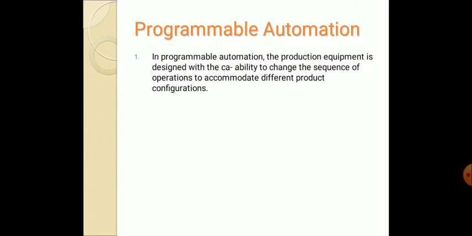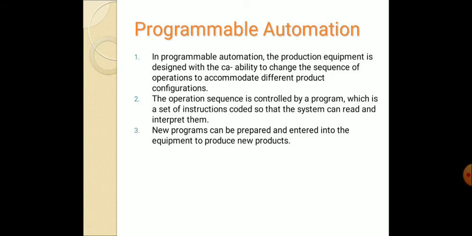So what is this programmable automation? In programmable automation, the production equipment is designed with the capability to change the sequence of operations to accommodate different production configurations. The operation sequence is controlled by a program, which is a set of instructions coded so that the system can read and interpret them.